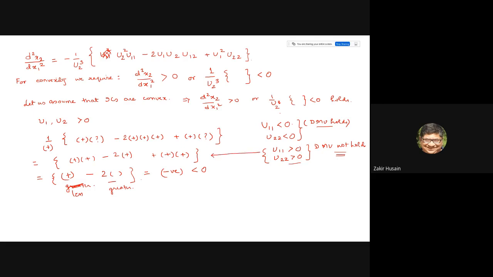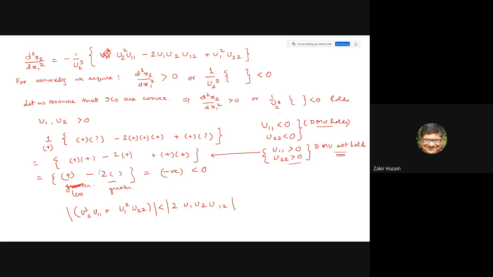So we are putting in the values, or rather the signs, accordingly. So if we simply have u1 square u22, the absolute value of this is simply less than the absolute value of, let us say, 2u12 u1 u2.